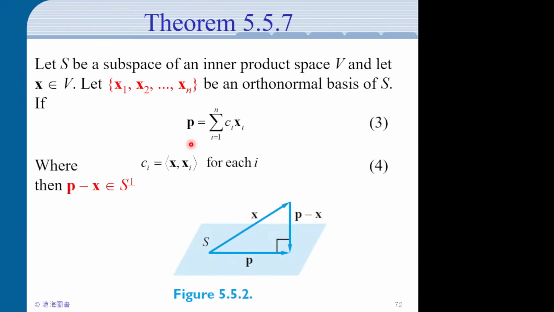Orthonormal basis is very nice because if you have some subspace S here, and you have an orthonormal basis for it, then you can find the projection onto the subspace very easily.